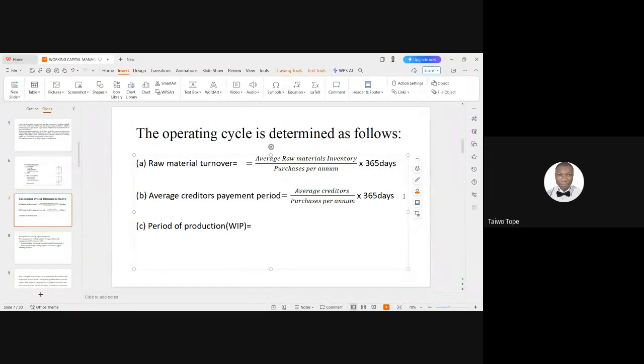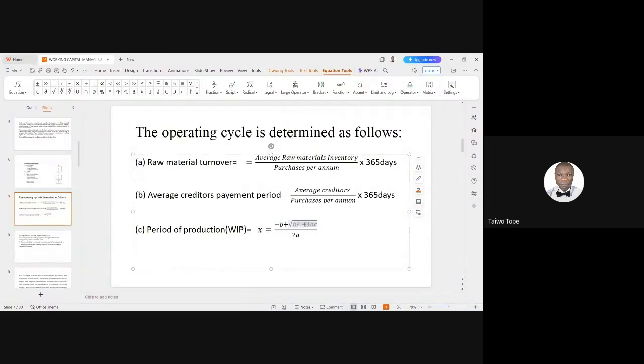So the formula will be what? You can have it as average work in progress divided by what? Cost of production. Divided by cost of production.